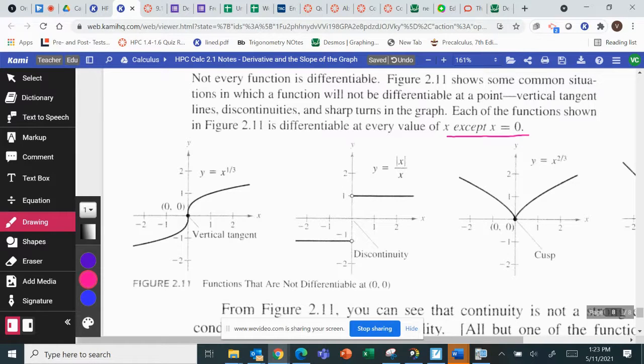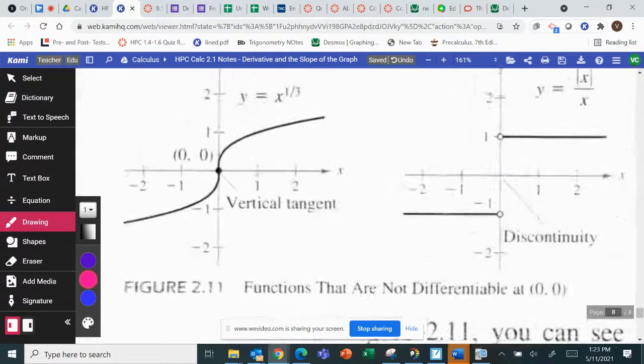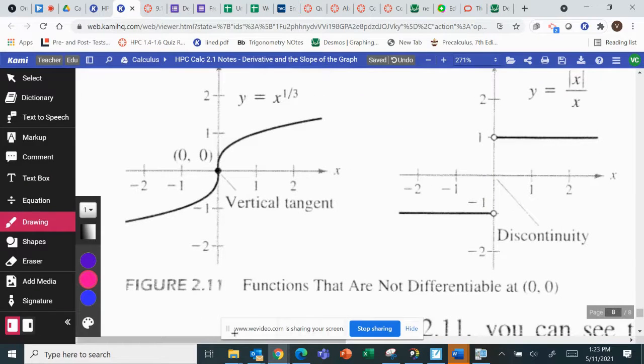And the reason why is 4 different things. You can see pictures. If there is a vertical tangent line, a vertical line is not a function, so it's not differentiable at that point. It is differentiable everywhere else, but not at x equals 0.